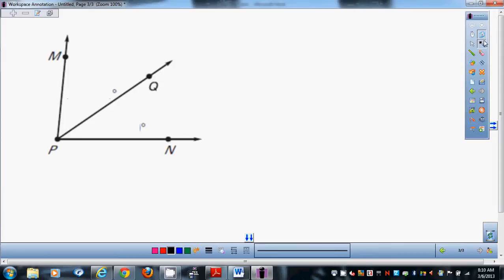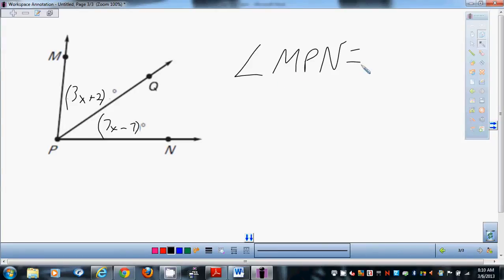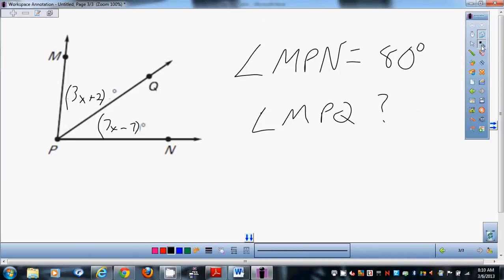It'll say something like, if one of the angles is like 3x plus 2 degrees, this will all be given in the problem, and another one is like 7x minus 7 degrees. It might say, if the whole angle equals, I don't know, 80 degrees, then solve for angle, I'm making this up, MPQ. That might be what the question basically says. It'll give you everything that I've given you and then say solve for one of the 2 smaller angles.